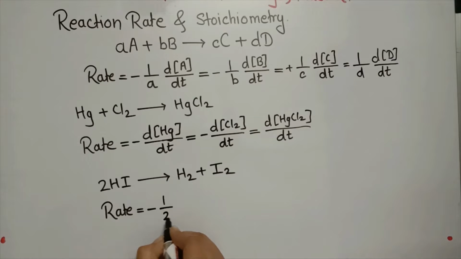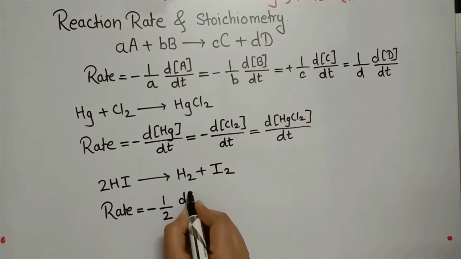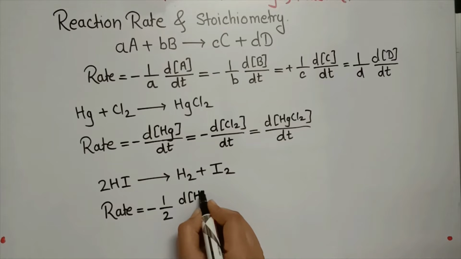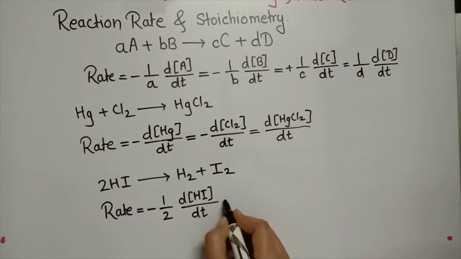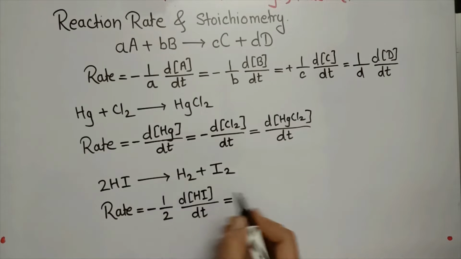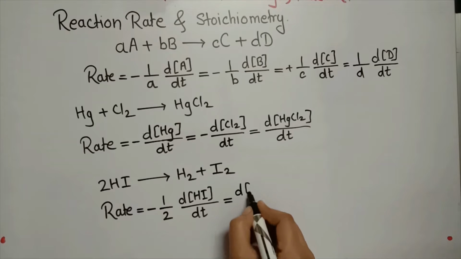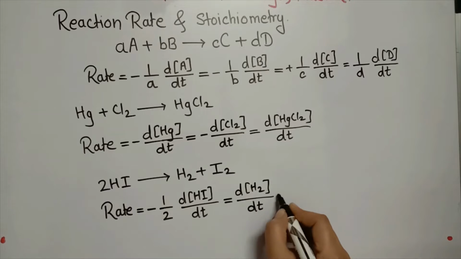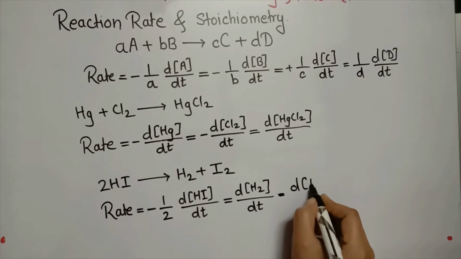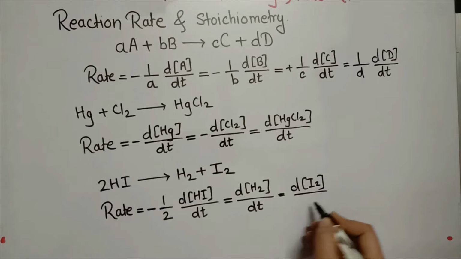So 1 upon 2, change in concentration of HI upon change in time. Okay. Which will be equal to 1 upon 1 is 1, change in concentration of H2 upon change in time, which is equal to change in concentration of I2 upon change in time. So here we will solve an example related to this.